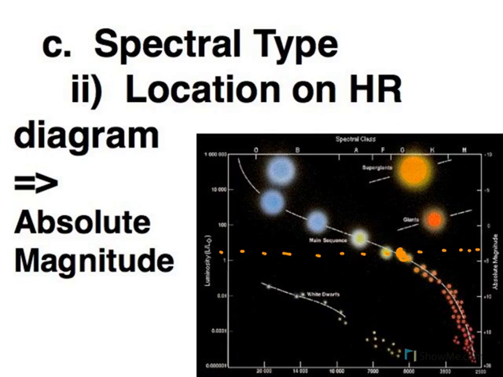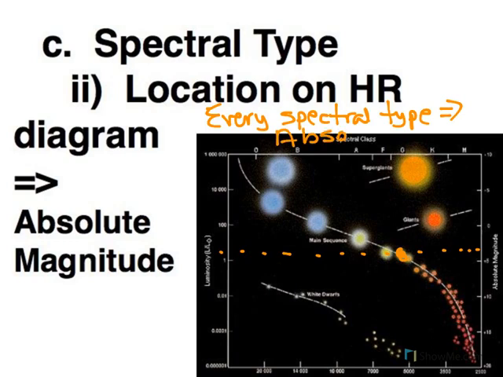So for every spectral type, we get the absolute magnitude, as long as it's main sequence.